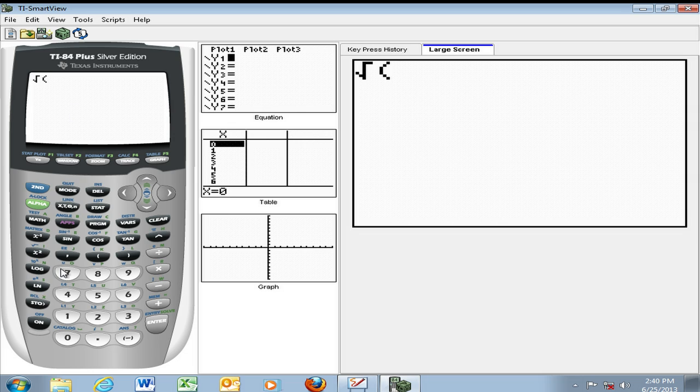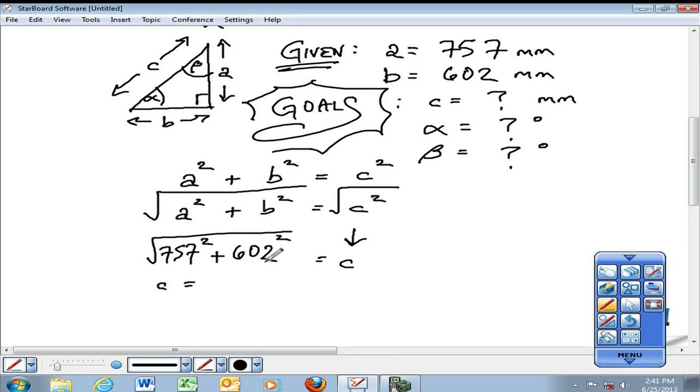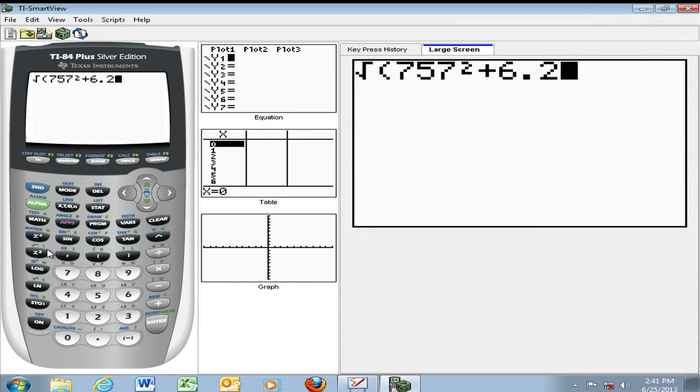So square root, we want 757, and we're going to square that, and add it to 602, that's our B length squared. It's going to be 602 squared.